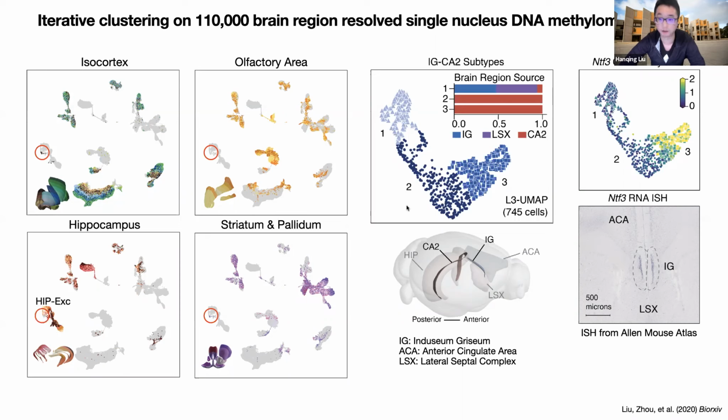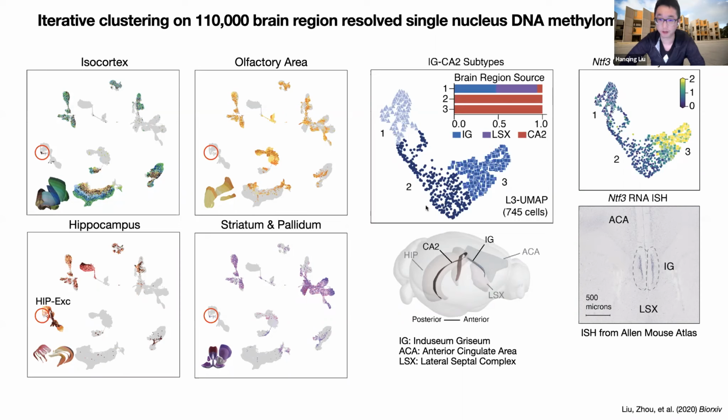And by looking deeper into their brain dissection annotation and their marker genes, especially the marker gene pattern in the Allen in situ database, we noticed that this population, which was dissected from cortex, might be this small structure called the induseum griseum, which is actually a structure classified into the hippocampus in the Allen Brain Atlas.